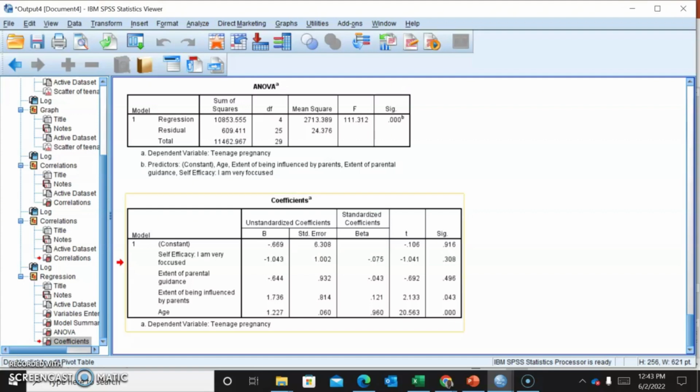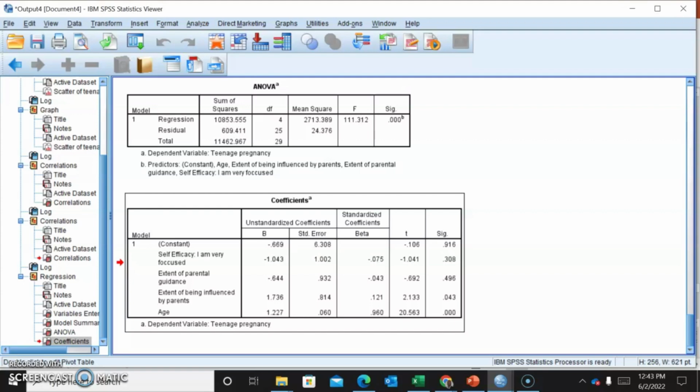We look at the standardized coefficients, the beta, and we convert those values also to a percentage. So 0.075 times 100, we get 7% contribution.